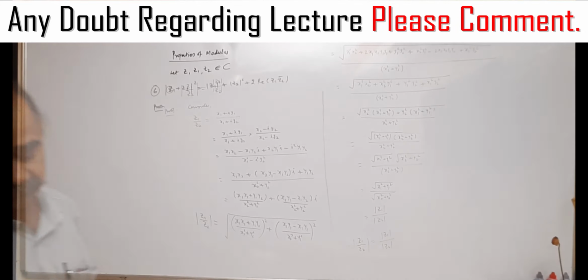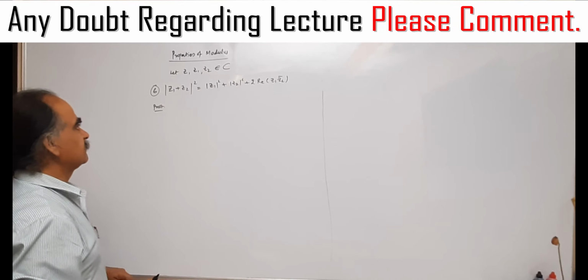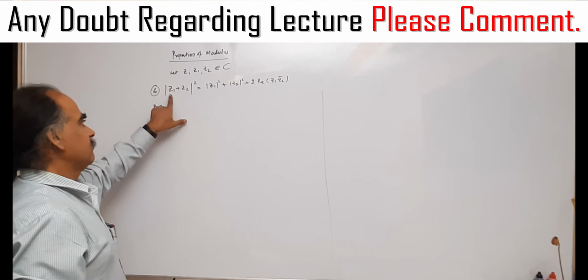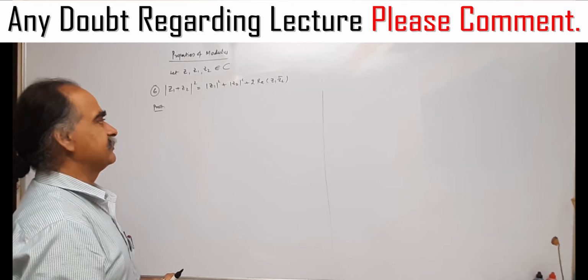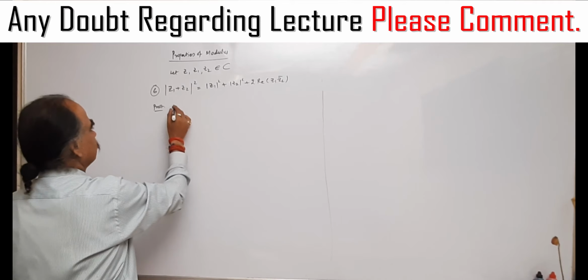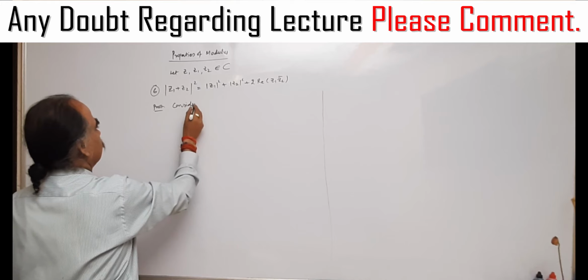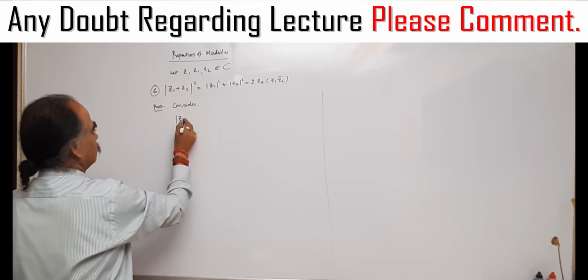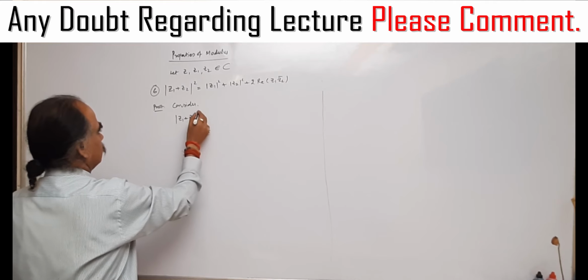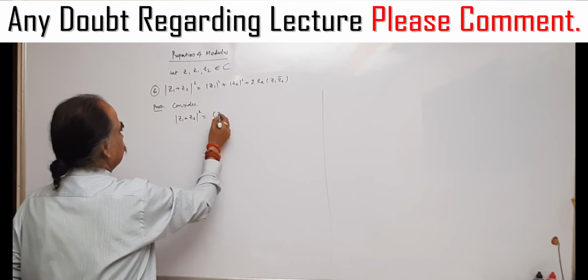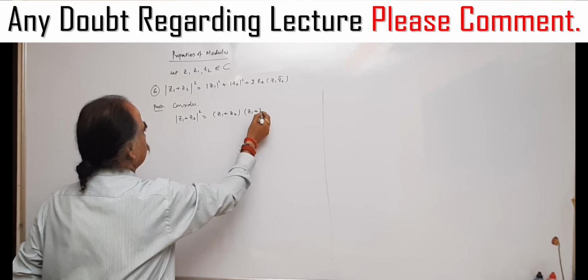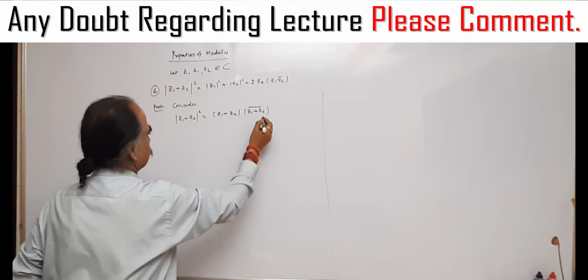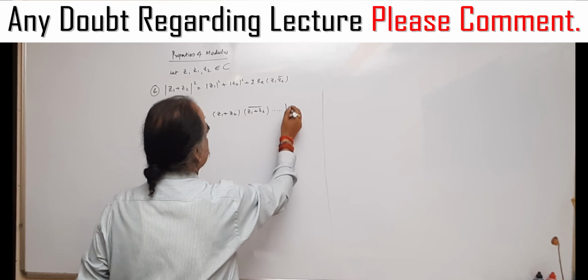Then property number 6. See the next property of modulus. Modulus z1 plus z2 square is the same as modulus z1 square plus modulus z2 square plus 2 times real part of z1 z2 bar. See this. Consider mod z1 plus z2 square, which is z1 plus z2 into z1 plus z2 bar. The reason is what?